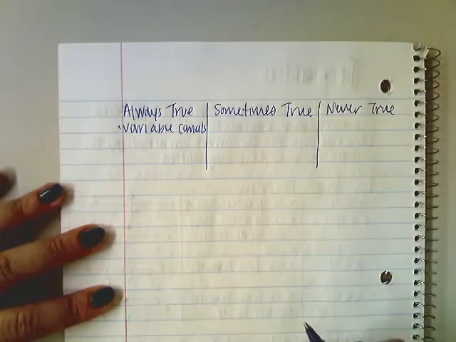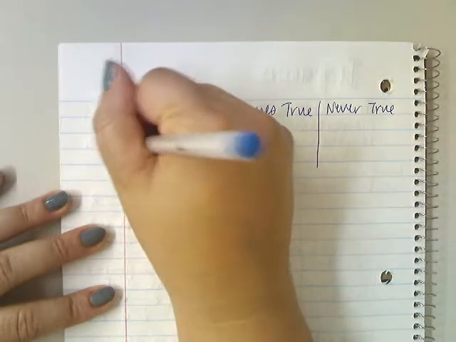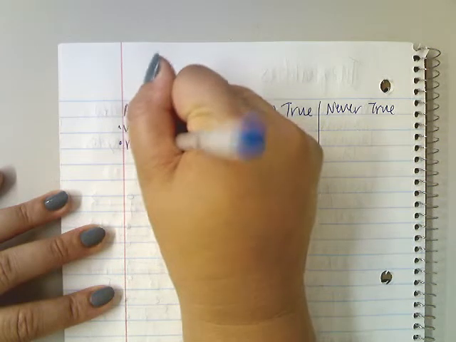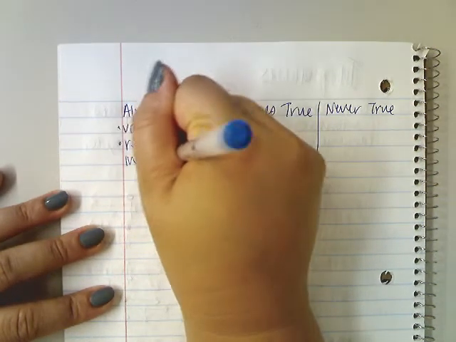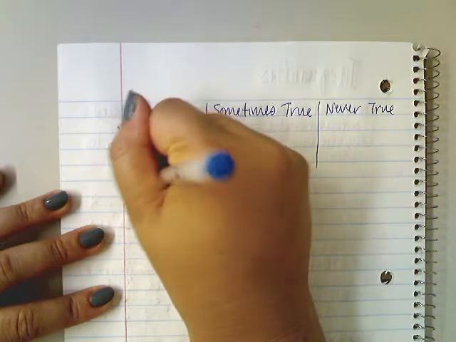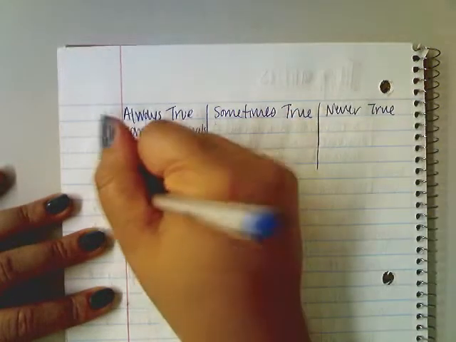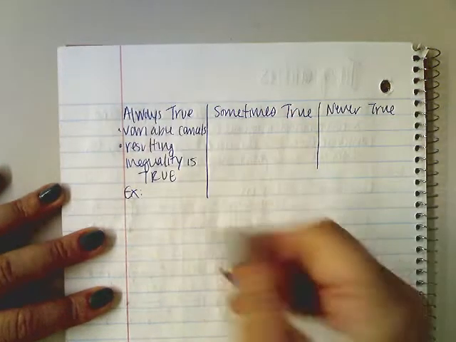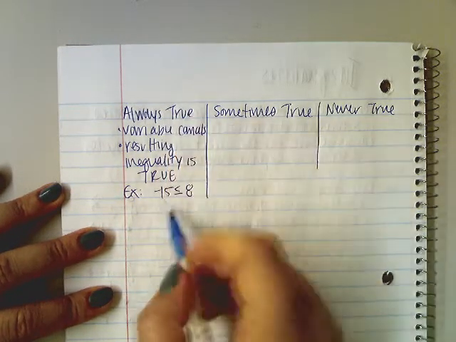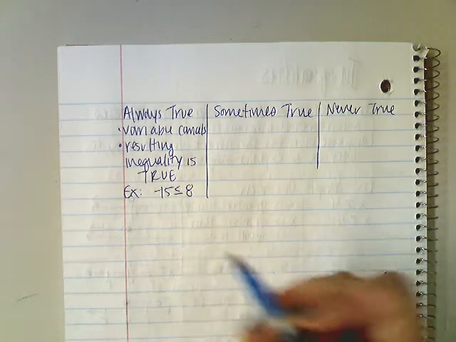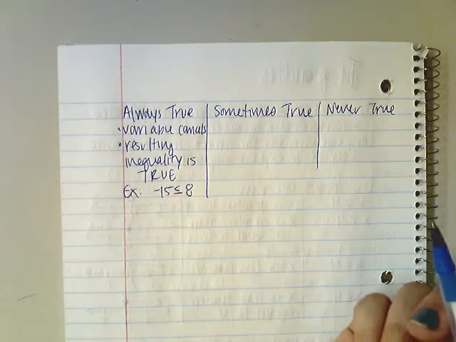So when you're solving, the variable cancels, but the resulting inequality is true. For example, that could be if you solve out and you get negative 15 is less than or equal to 8. That's true. Negative 15 is less than or equal to 8. So this would be an always true inequality.